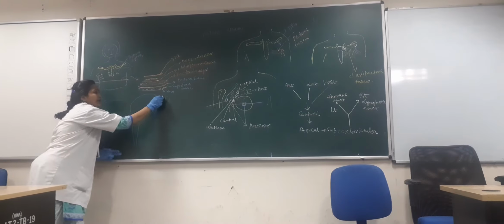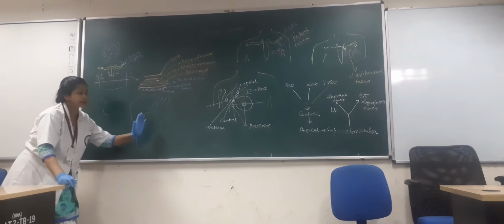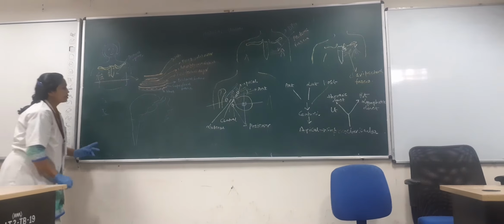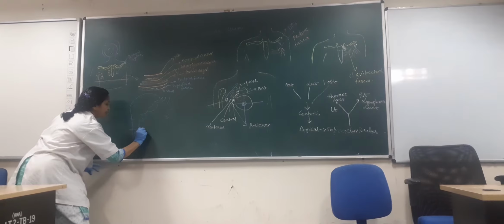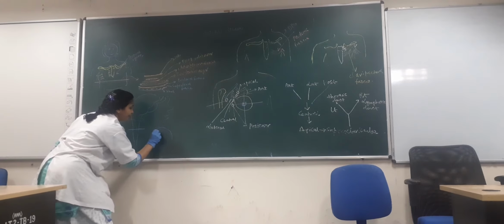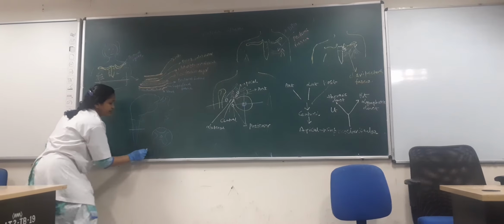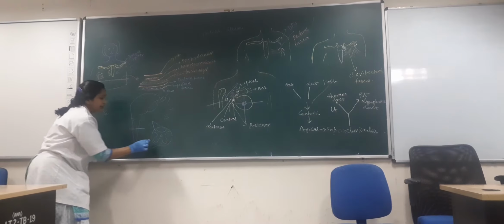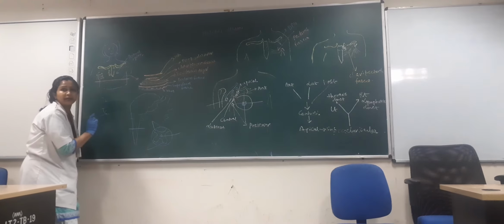Suppose here is the brain, this is face, and this is the spinal cord. If we cut the section of the spinal cord, what we see? This is ventral horn, these are dorsal horn, this is central canal of the spinal cord.